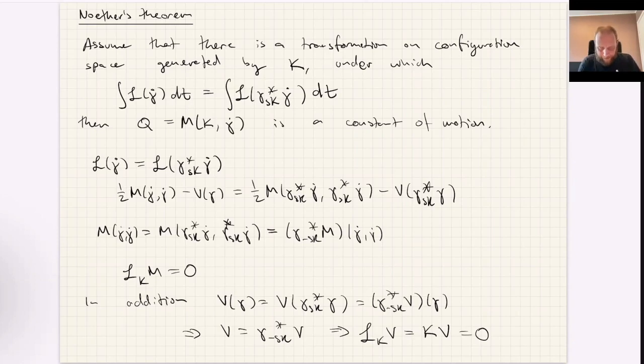So we saw that to have a true symmetry like this, we must have these two conditions fulfilled, right?